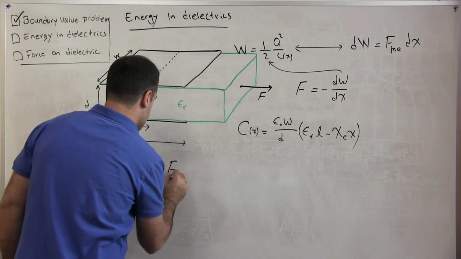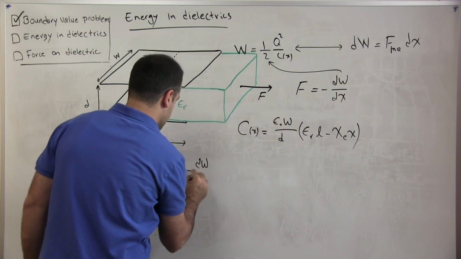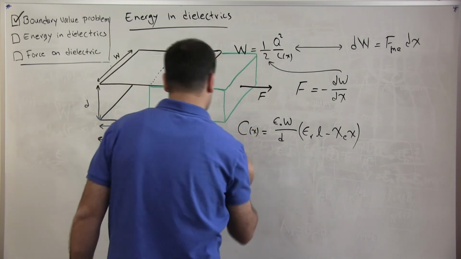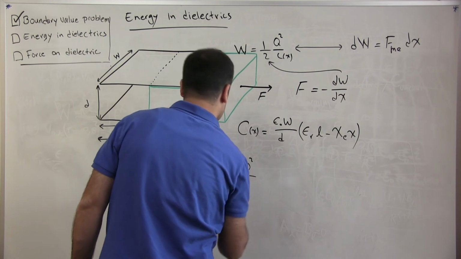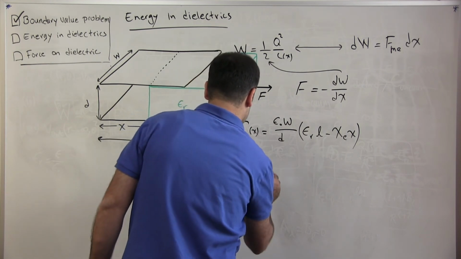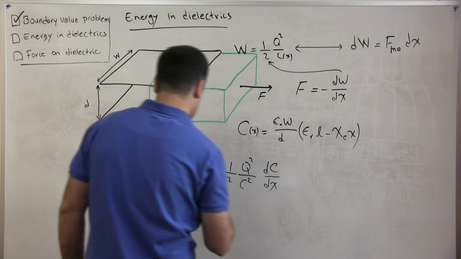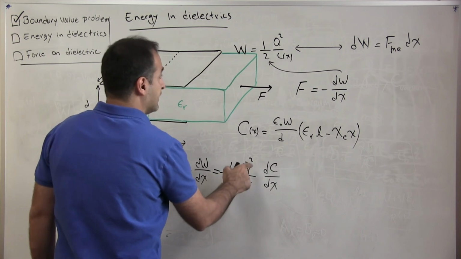Force is, again, writing this one, negative of dW over dx. And if this is W, we get 1/2 Q squared over C, squared, dC over dx. Okay, so you have a negative sign that is here.